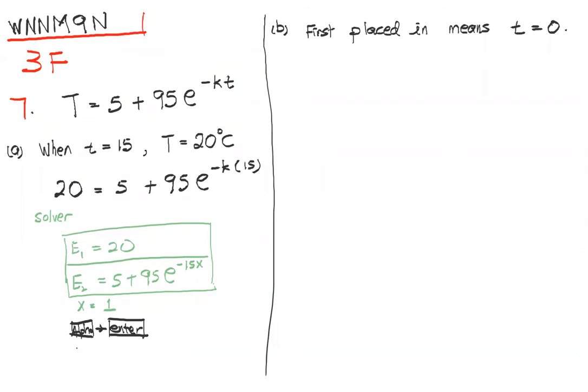So after you have written down that, your solver tells you, so you can just say K equal to 0.123. Are you clear?